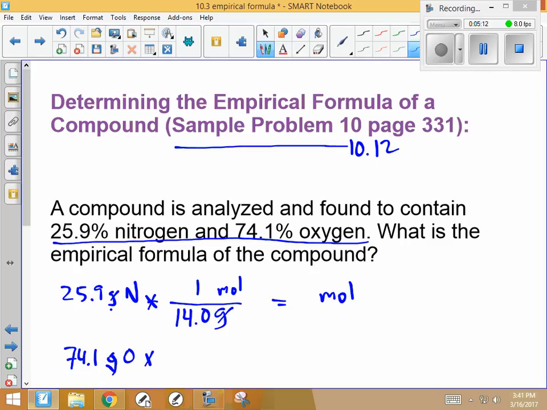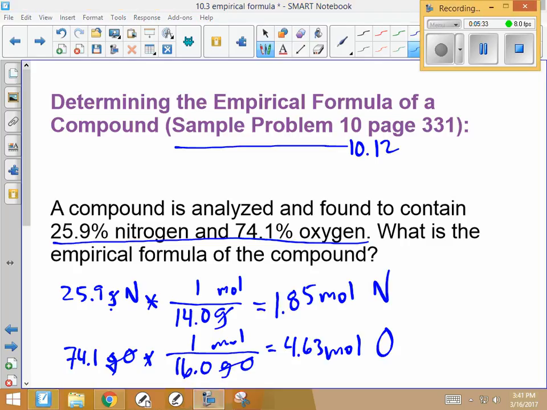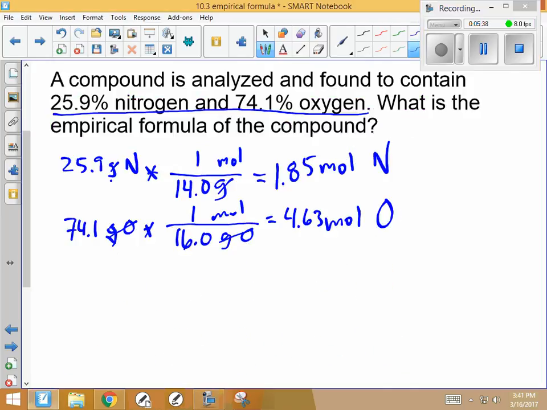Same thing with oxygen: 1 mole of oxygen, 16.0 grams of oxygen. Grams cancel, and we'll be left with moles of oxygen and moles of nitrogen. Solving, we get 1.85 moles of nitrogen and 4.63 moles of oxygen.